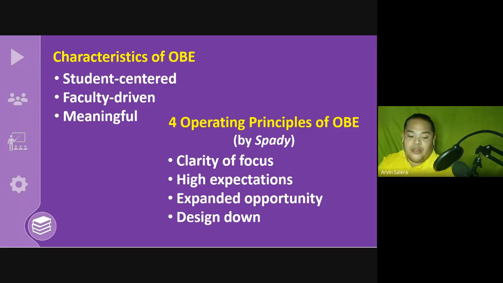This expanded opportunity may include a time dimension whereby the students may be allowed to do remedial, make-up, or practice tests. Also, the mode in which assessment task is given may be diversified. This is when teachers may consider the varied learning or thinking styles of their students, as well as multiple intelligences.